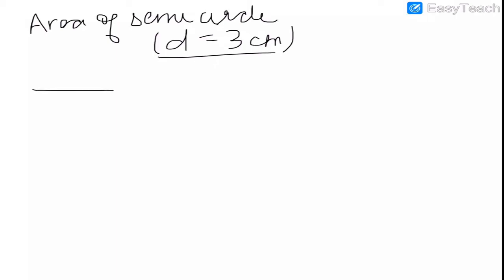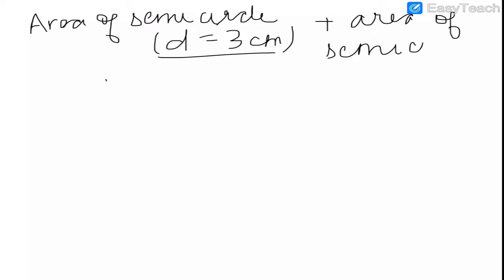So we had the figure, right, and we had a semicircle like this. So I'm talking about that semicircle whose area we need to take, and then we have area of semicircle which has radius as 4.5 centimeter. That is the bigger semicircle.